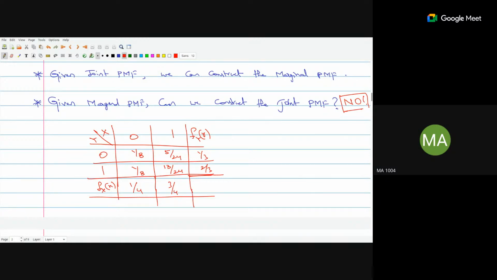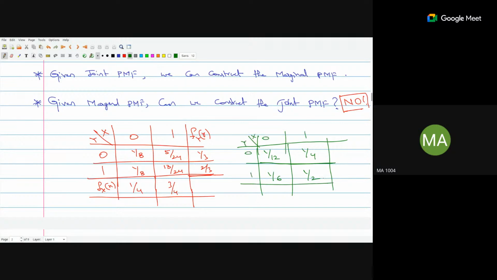This is one possibility. For the other possibility, I can simply take 1 by 12, 1 by 4, 1 by 6, and 1 by 2. Even this will give me the same marginals for x, y in 0, 1.